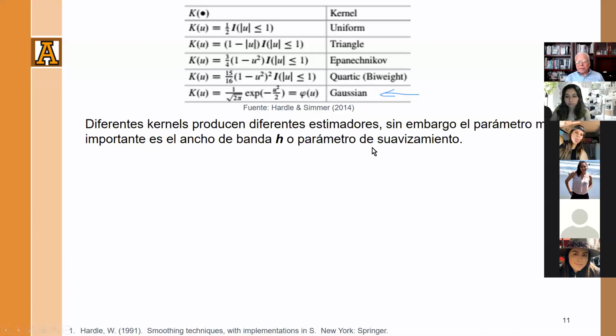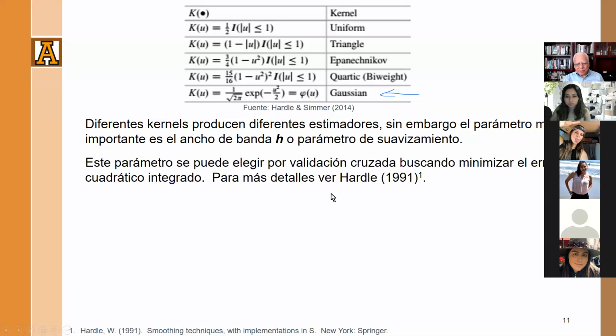Definitely, different kernels provide different estimators. However, what is very important in these kernel estimates is the smoothing parameter, the equivalent of the width, the bandwidth h.